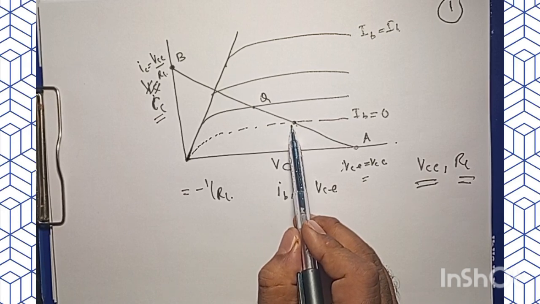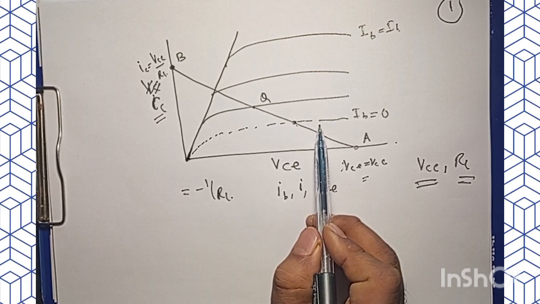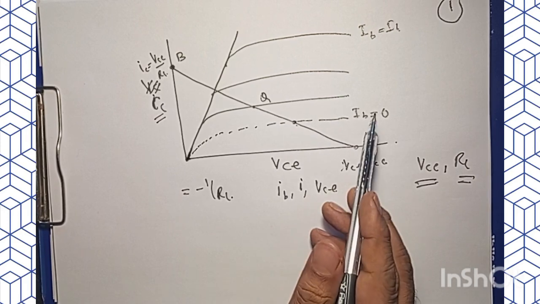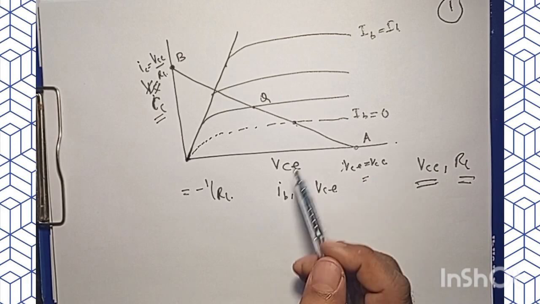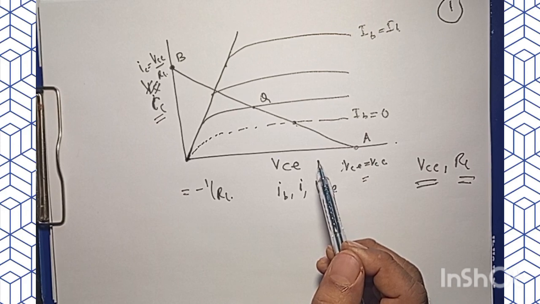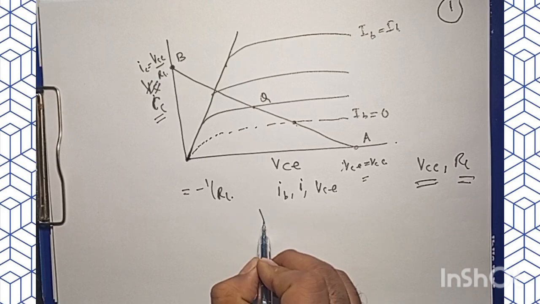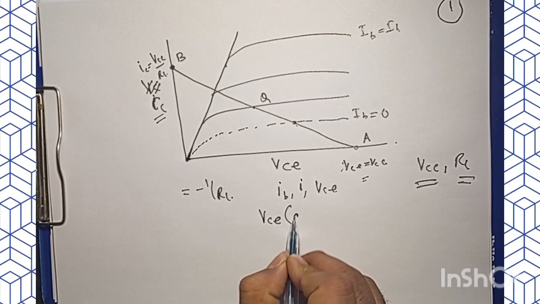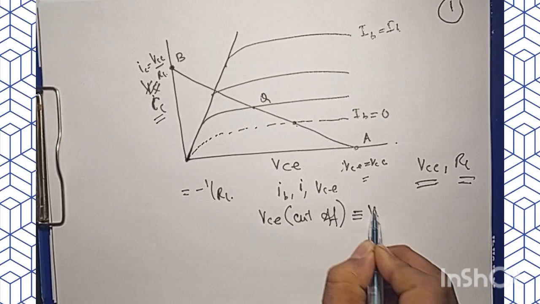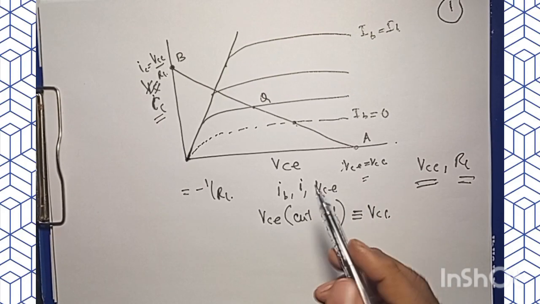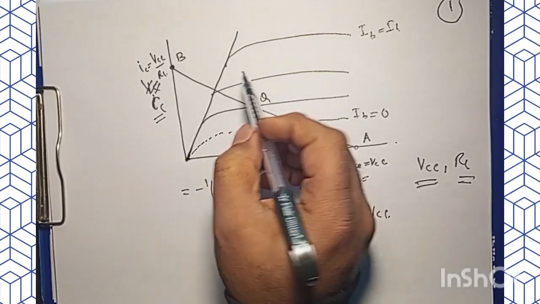At this point, base current is 0, and the collector current is negligibly small, as the normal transistor action is lost. So at this point, VCE is cut off at VCC.